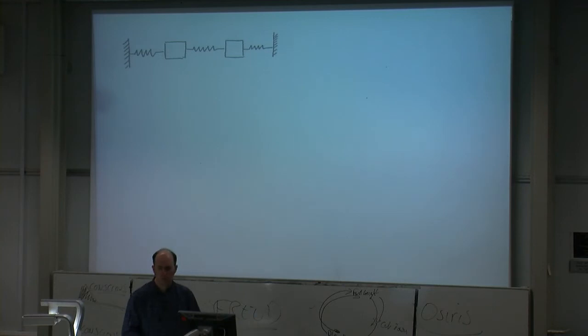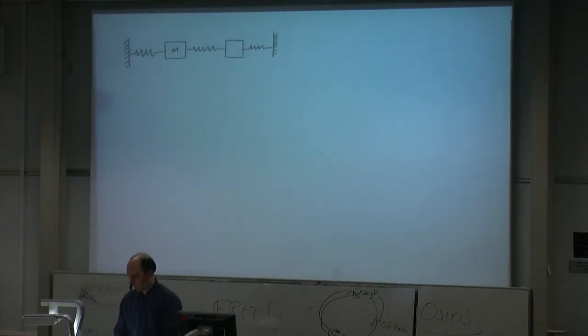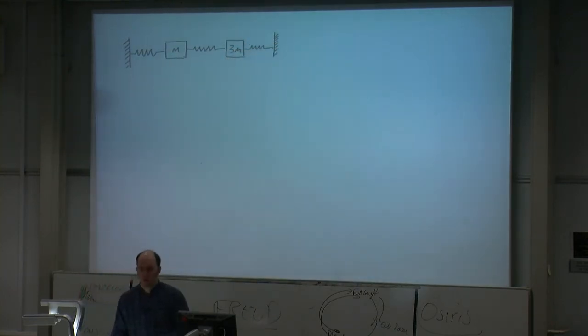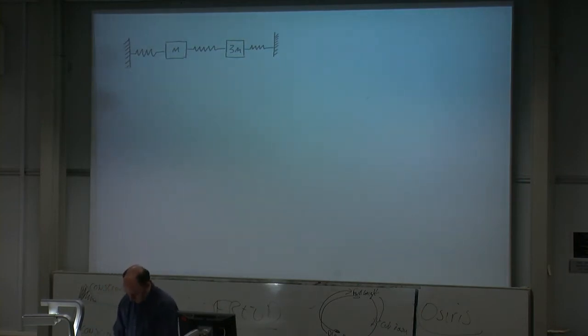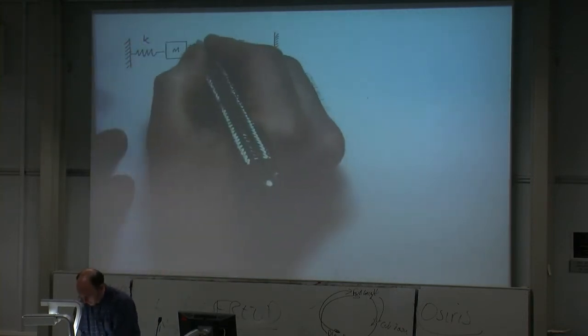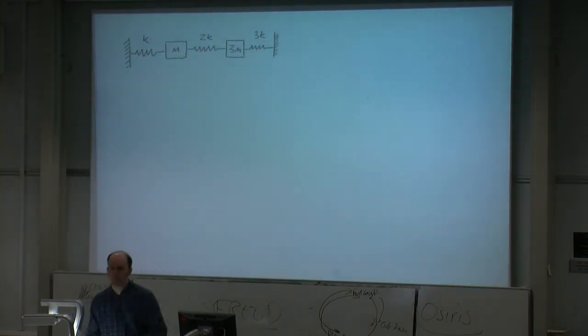Okay, with 2 masses, and we've got m here, and we've got 3m here. And between them there's some springs, and these springs we have a constant of k here, 2k here, and 3k in this one.